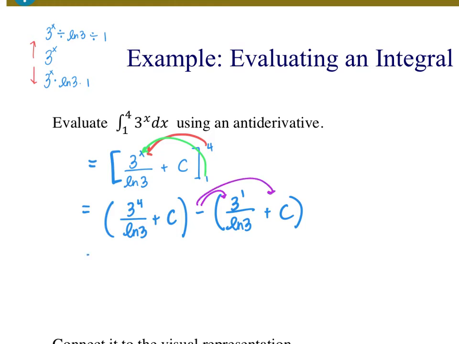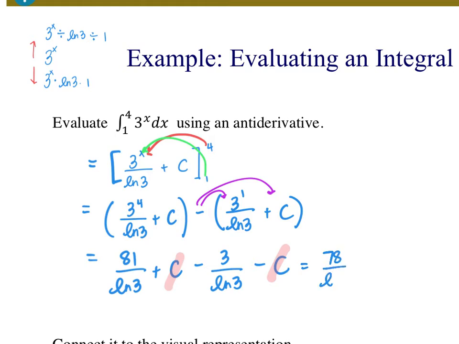Okay, so we have 81 over the natural log of 3 plus c minus 3 over the natural log of 3 minus c. And once again, the plus c and the minus c cancel each other out, giving me 81 minus 3, so that's 78 over the natural log of 3.